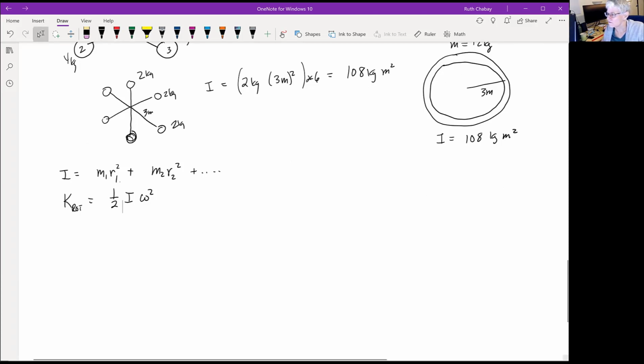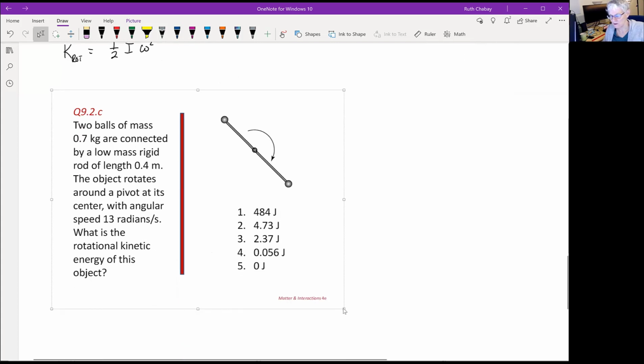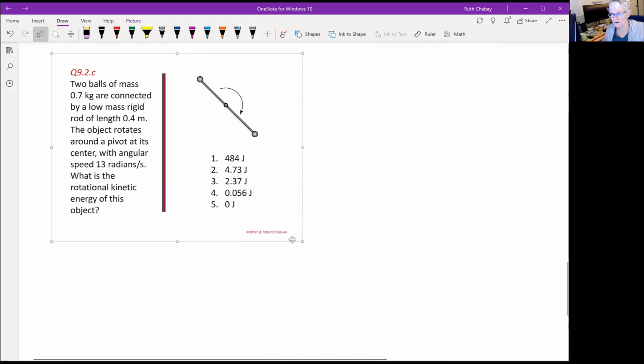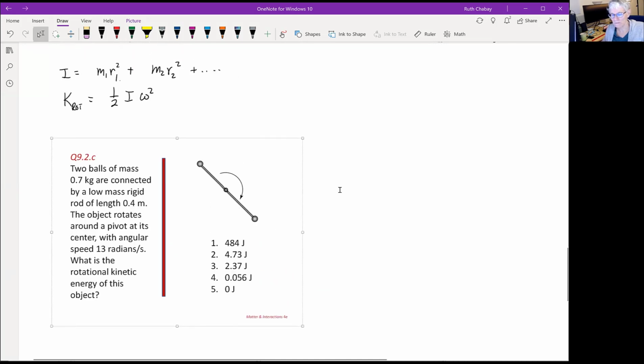So let's see if we can actually figure out the rotational kinetic energy of something here. Let me make that just a little smaller so that we can get our equations on the screen at the same time. So here's a problem to work on for a second.